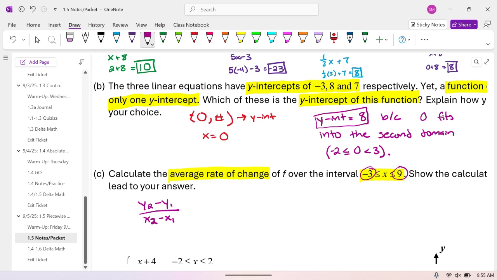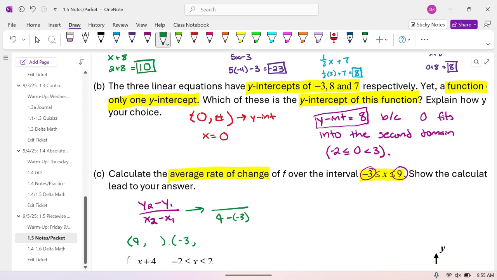It's the -3 and the 9. So I can go ahead and write that part out. I could do 9 minus -3. So if I wrote them as points, I would have 9 as the first part of one point and -3 as the first part of another.